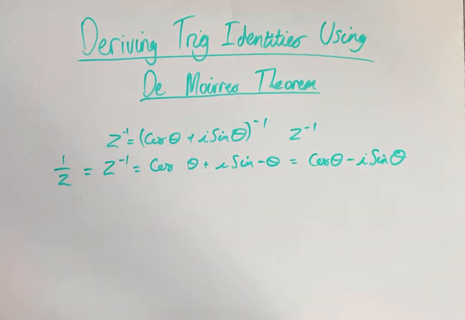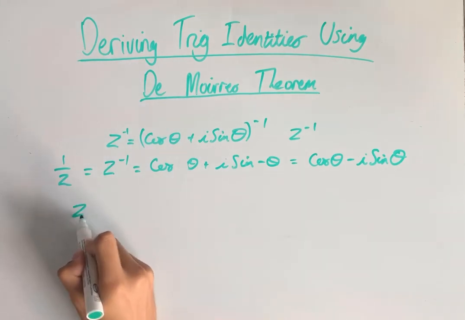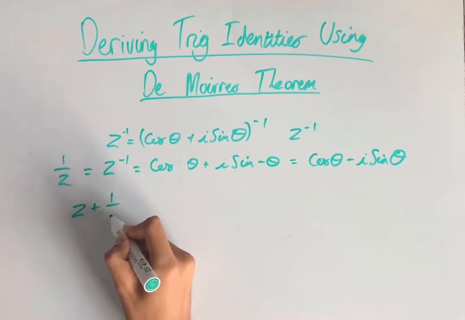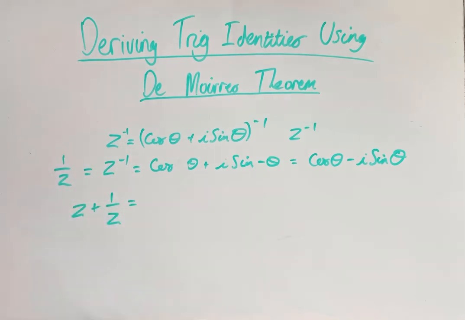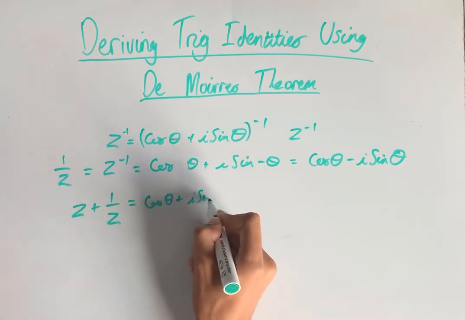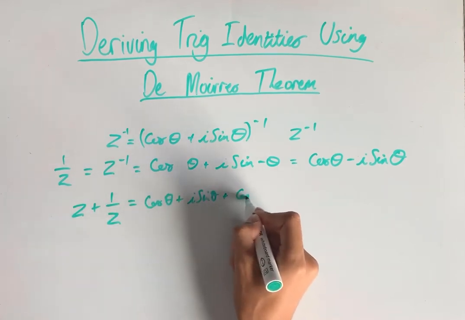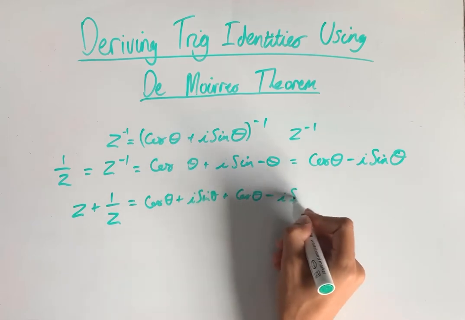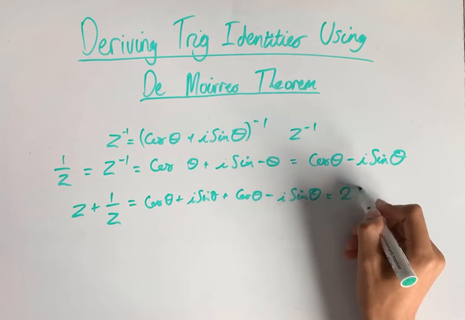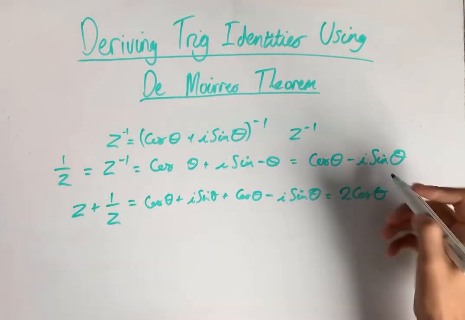This gives rise to an interesting fact. If you took z, which was cos theta plus i sine theta, and added it to 1 over z, you would get cos theta plus i sine theta plus cos theta minus i sine theta. And we know that this is equal to 2 cos theta.